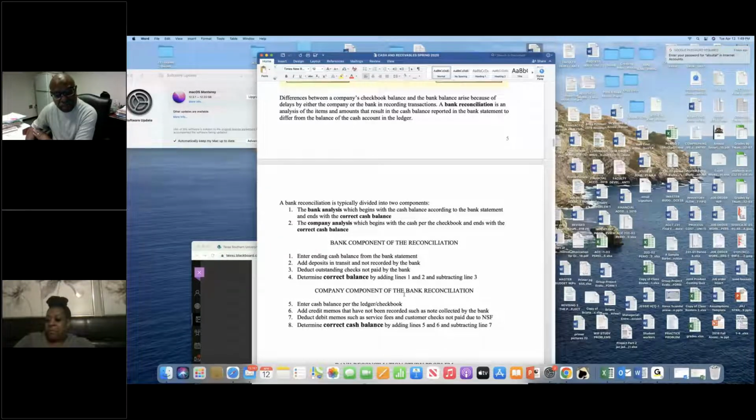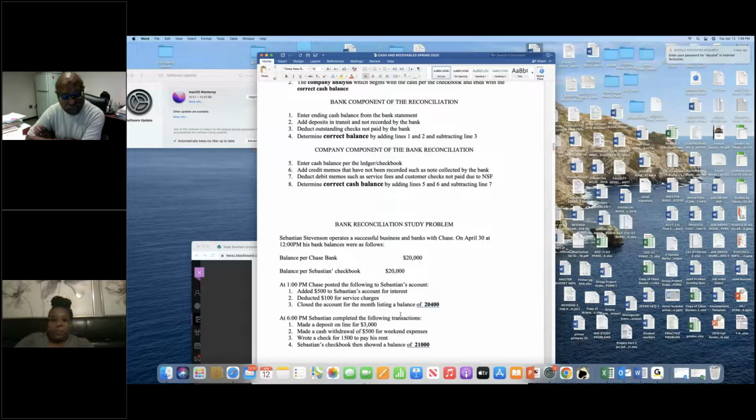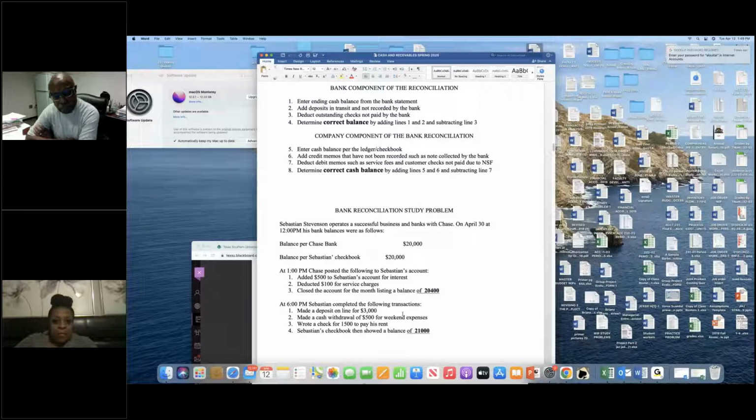So let's look at this study problem. Sebastian Stevenson was a former student and he wrote this problem. On April 30th at 12 p.m., his bank balance was 20,000 at Chase, and the balance per his checkbook was 20,000. So they were both the same.